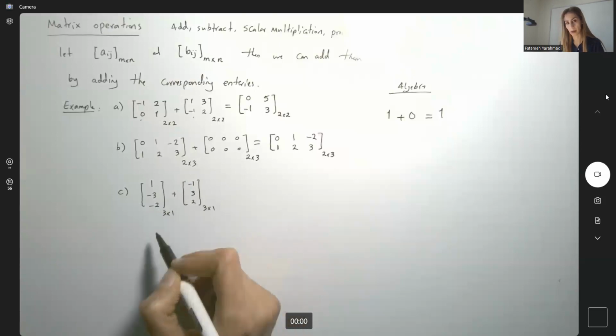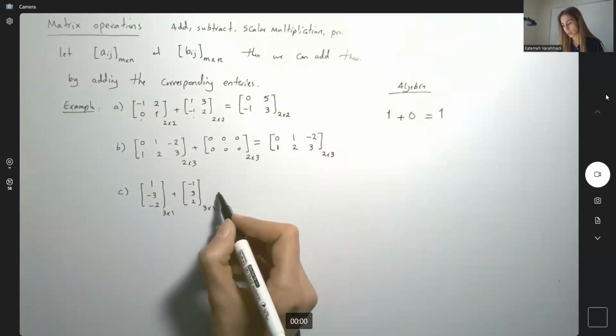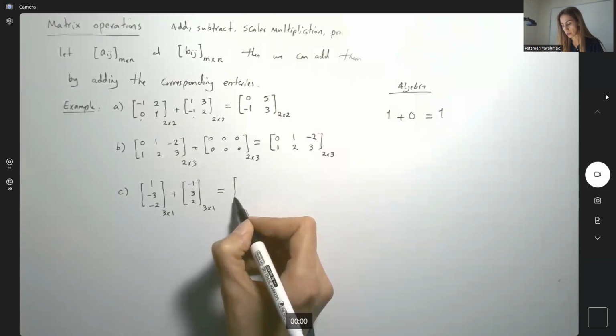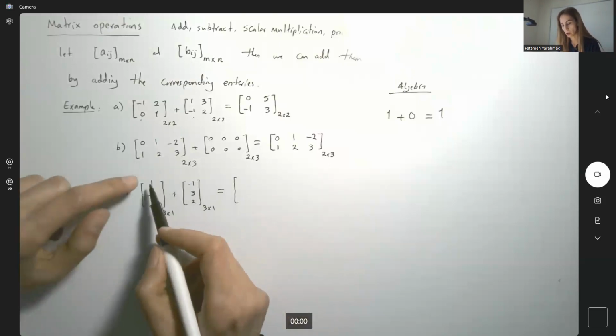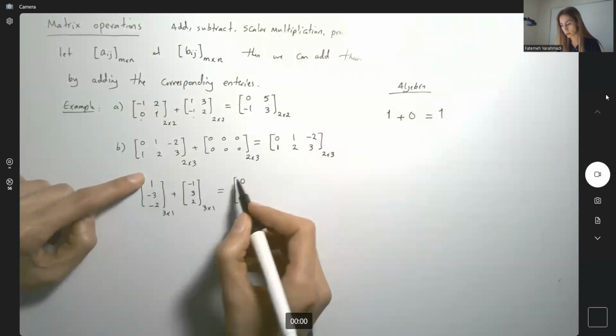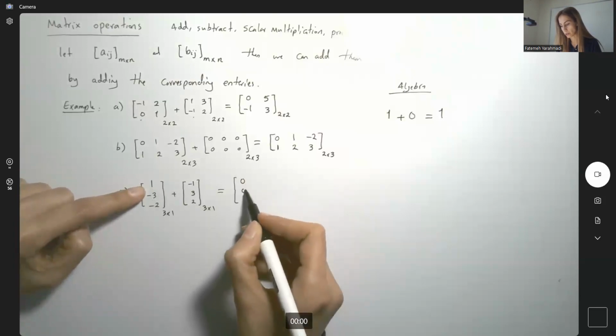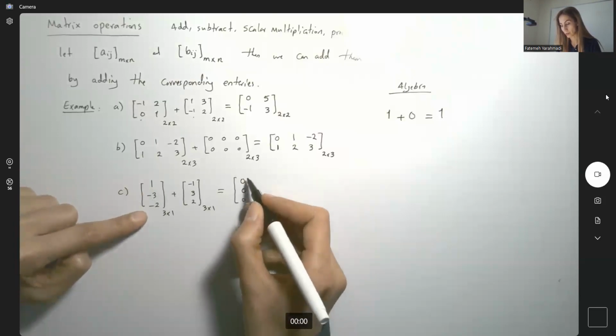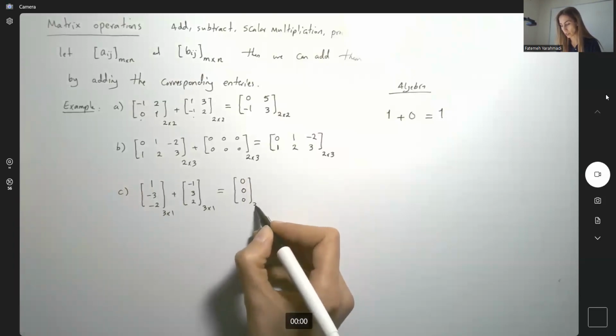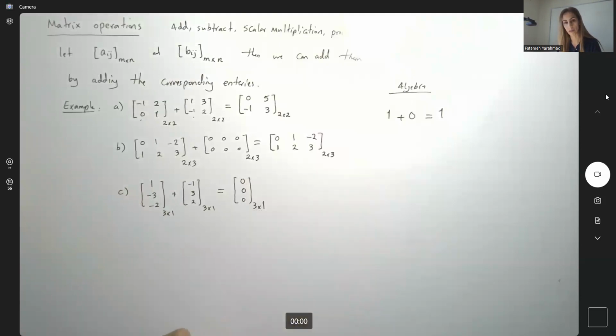Both of them have the exact same size, so you can create a new matrix by adding them. 1 minus 1 is 0, negative 3 plus 3 is 0, and negative 2 plus 2 gives you 0. So you get another 3 by 1 matrix, which happens to have all zeros as its entries.